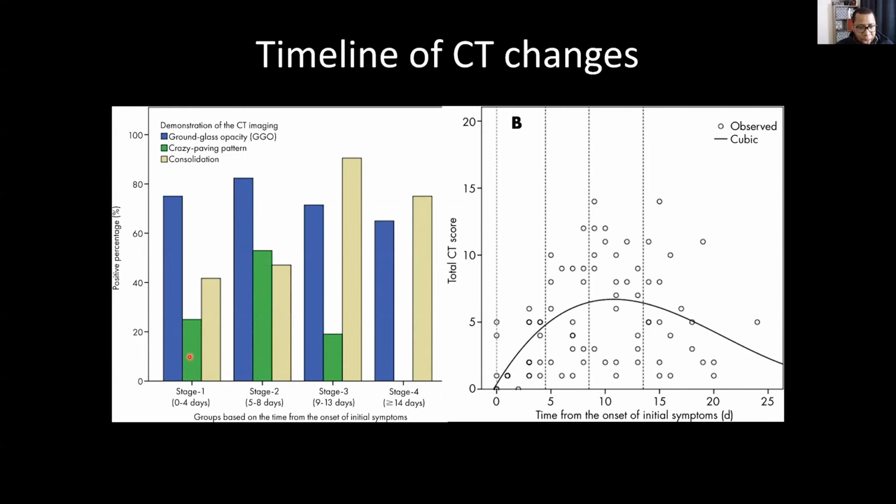And in between that, you have the crazy paving pattern, so some interlobular septal thickening associated with the ground glass and consolidation. So this just shows you, again, just trying to correlate CT scores, opacities with time from onset of initial symptom.